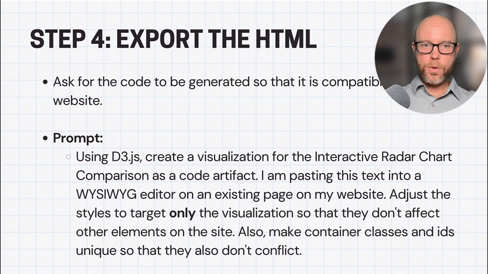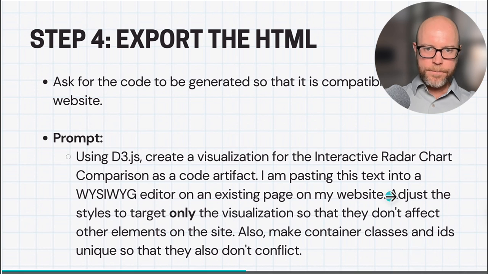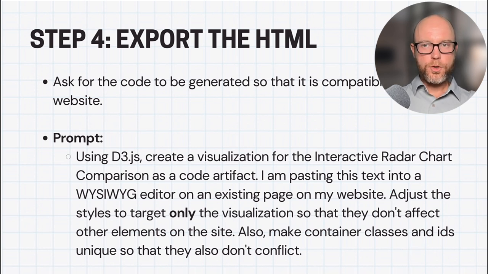And I say to adjust the styles to target only the visualization so that they don't affect other elements on the site. Also, make container classes and IDs unique so that they don't conflict. You may not follow this last bit, but I found that when I'm generating visualization code, what can happen is when you paste it into your field for the content, the formatting code might affect the rest of your website.